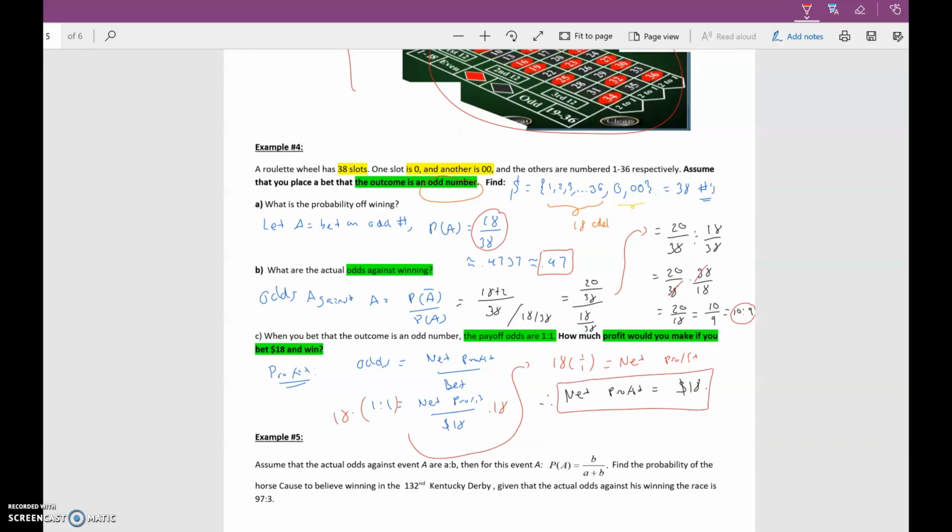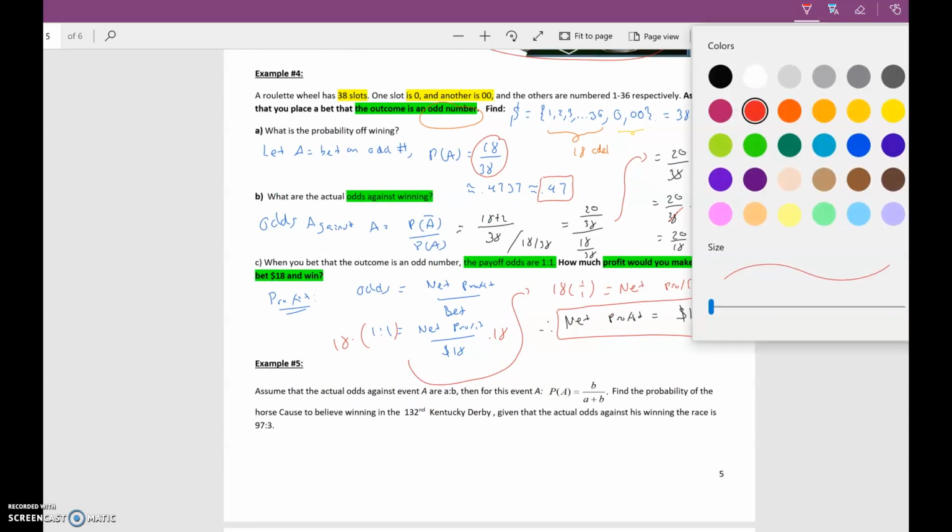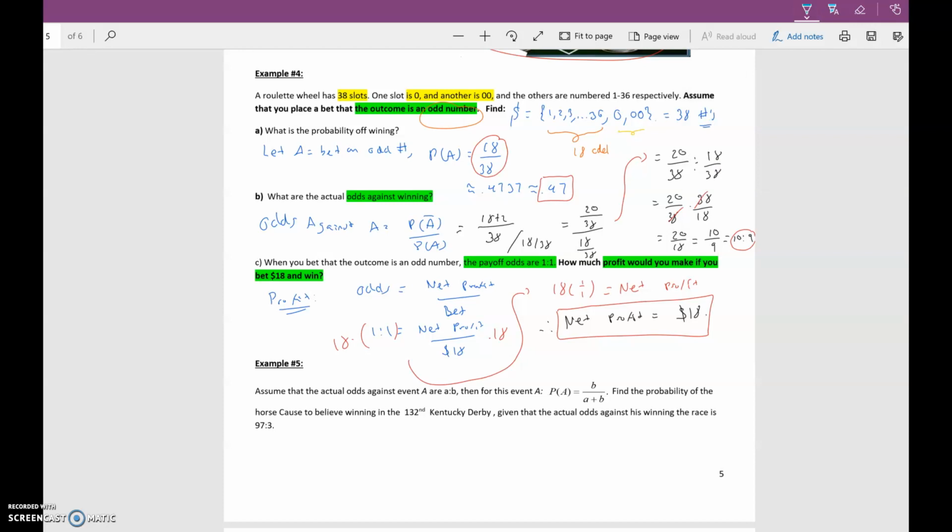Now, you have to be careful because some of the problems on the homework are going to ask how much would be the net profit and how much will be the total return to you. Since you put in 18 and it's a 1-to-1 bet, they're going to give you $36 back. They may ask that as a separate question to trick us. So let me just write it here. Total money returned is equal to your $18 that you have plus another 18, so a total of $36.